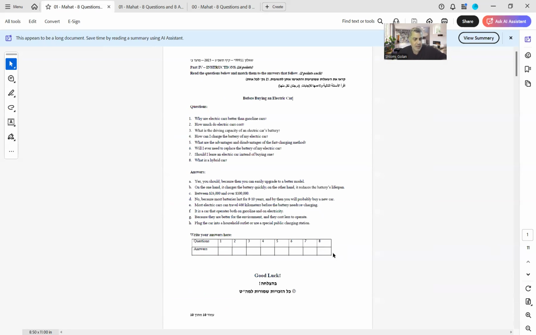From previous students that we have seen, some that had difficulties with it, some that didn't, usually it takes about 15 to 20 minutes at the most to solve this section, which means that you'll have a lot of additional time to solve the rest of the exam. So that's why I would like you to concentrate on this section first. And again, each correct answer is 2 points for a total of 16 points, which is quite a bit.